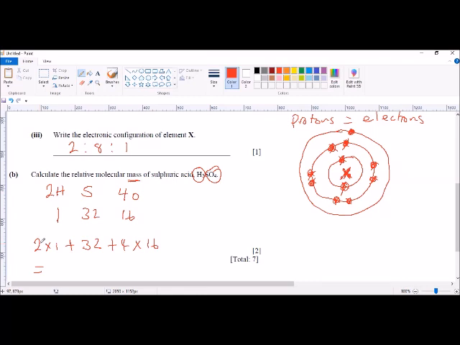Going on our calculator, we have 2 plus 32 plus 16 times 4, which would give us 98. So the mass of this molecule of sulfuric acid is 98. Okay, there are no units, it's just counting the number of protons and neutrons in the molecule of sulfuric acid.